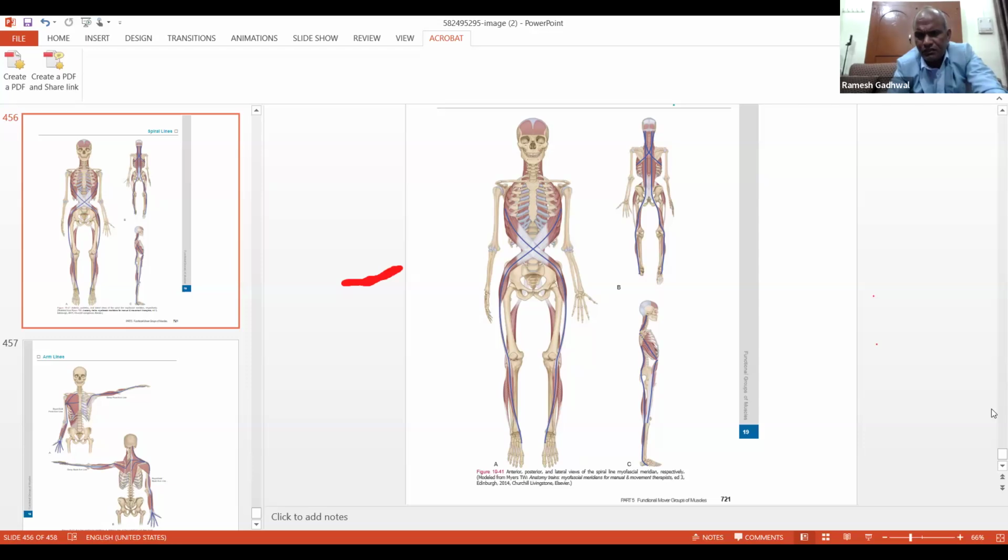If you see these pictures, I am telling you now, there are three pictures. It is the lateral line, the back line, and the spiral line. Okay.